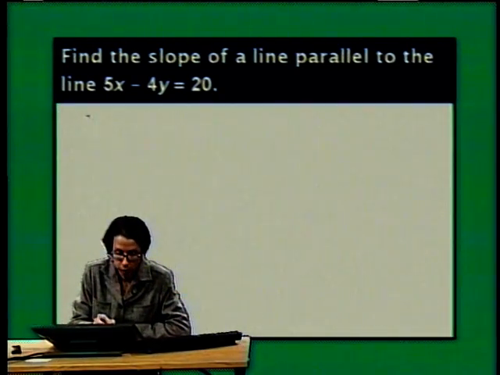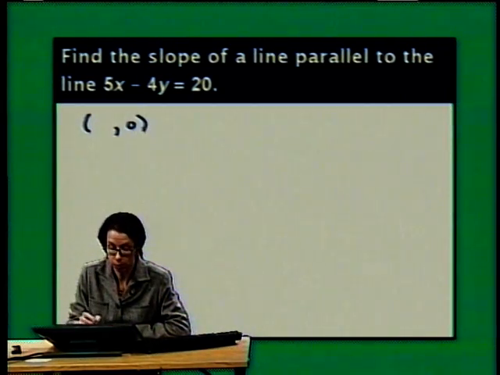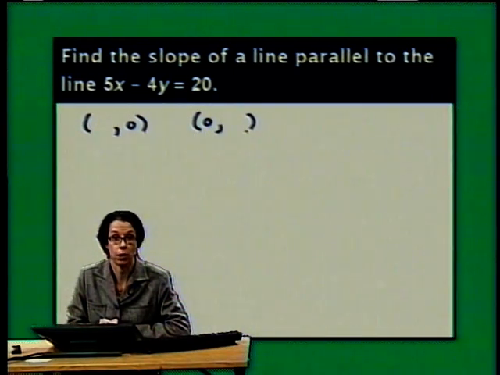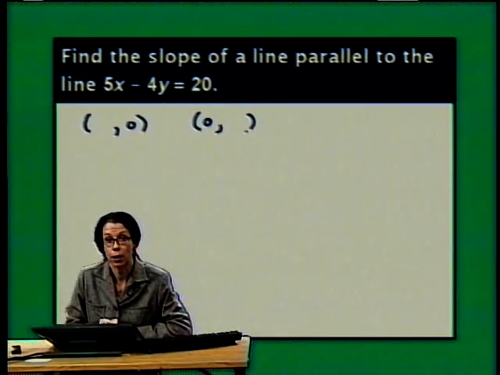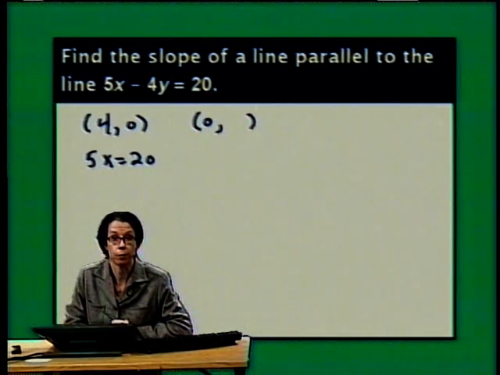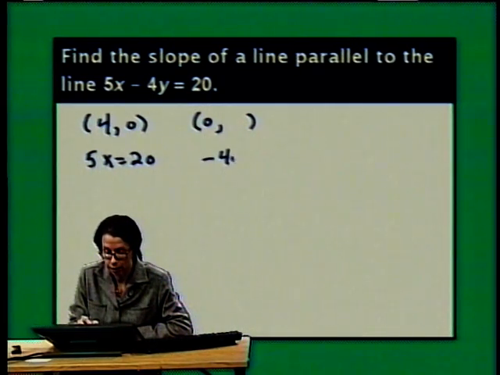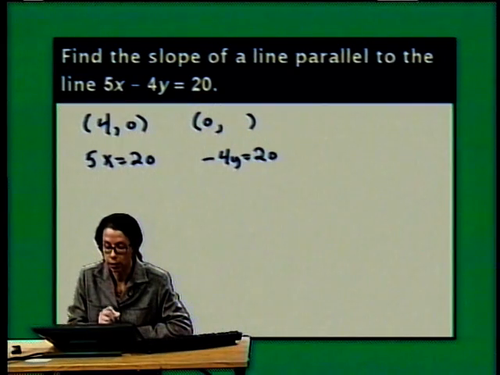So for example, my x-intercept will have a y-coordinate of 0, and my y-intercept is going to have an x-coordinate of 0. So plugging numbers into my equation, when y equals 0, I just have 5x equals 20. So x has to equal 4. If I substitute 0 for x in my equation, then I have negative 4y equals 20, so y has to equal negative 5.